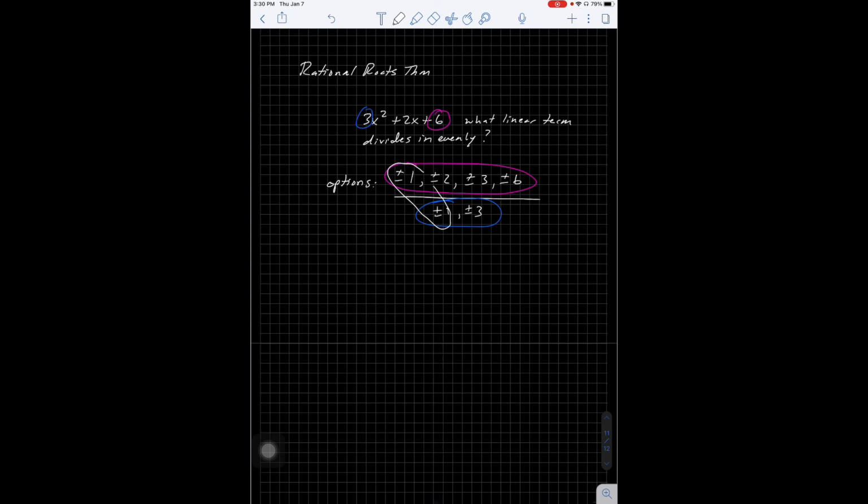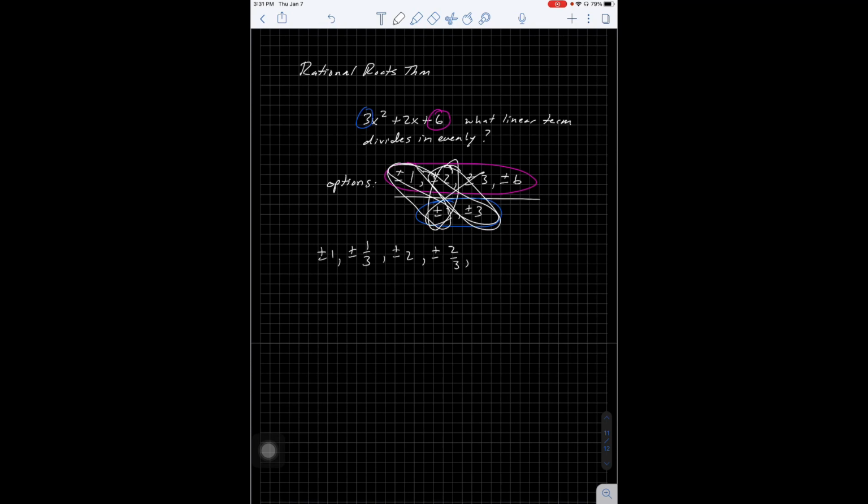Well, plus or minus 1 over 1 is just plus or minus 1. 1 over 3, that's 1/3, so plus or minus 1/3. I could take 2 over 1, so plus or minus 2. I could take 2 over 3, which is plus or minus 2/3.